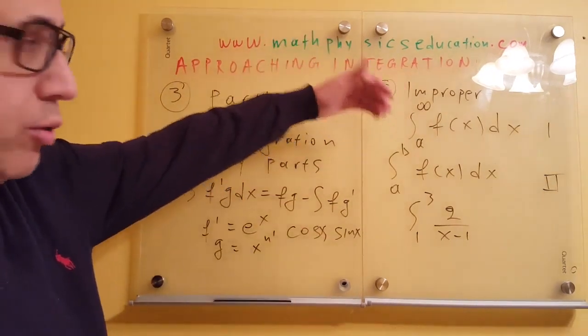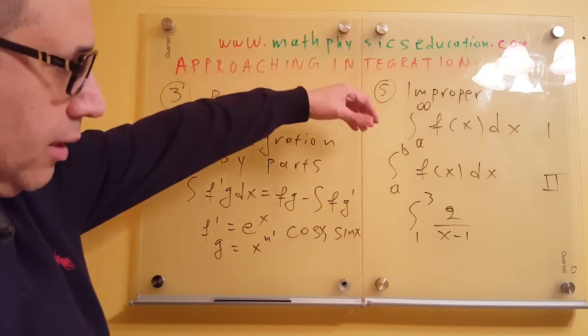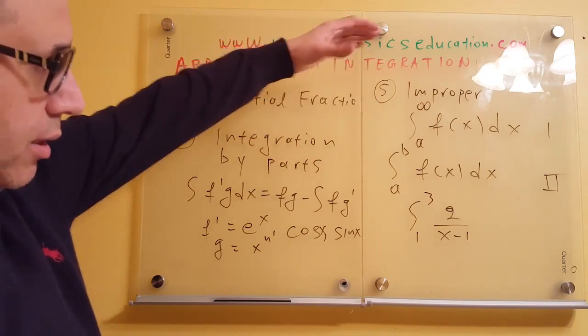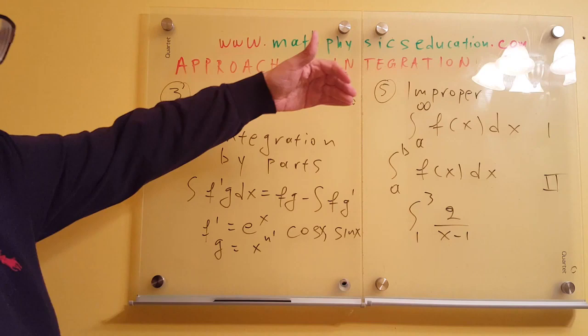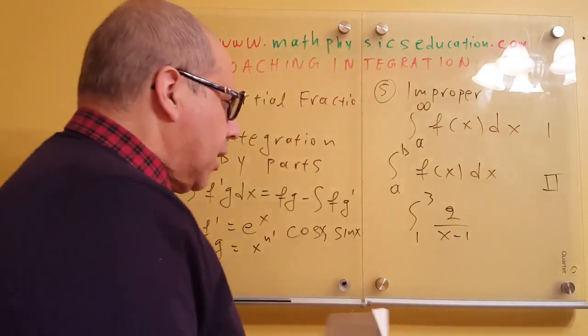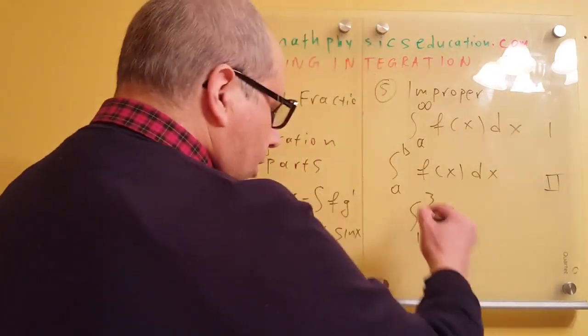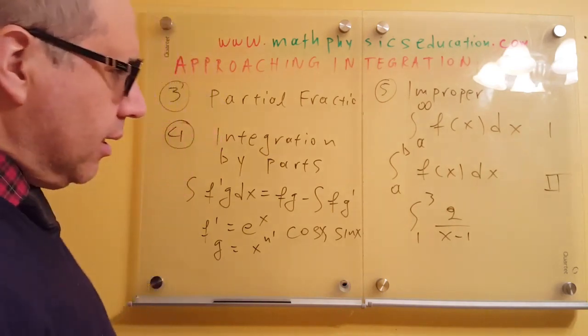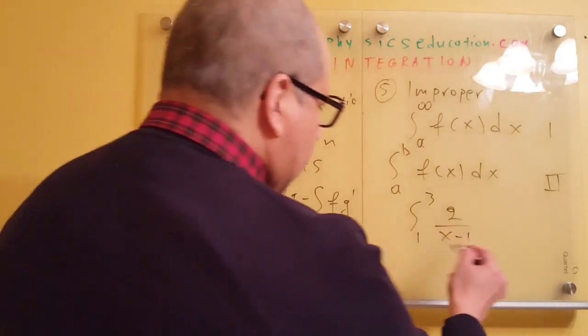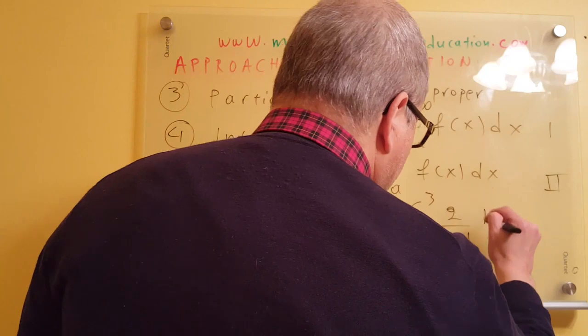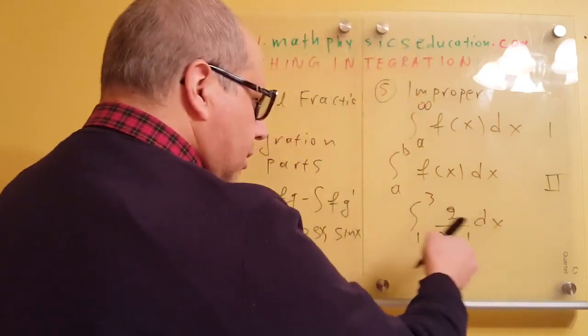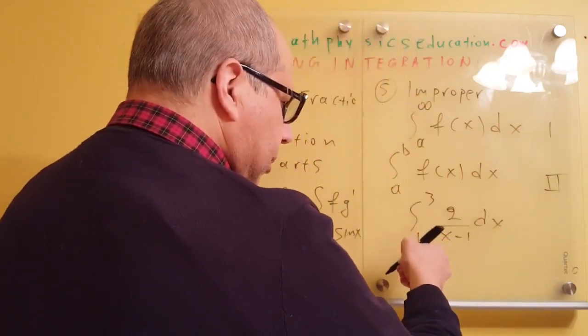Something that I forgot to tell you is that in improper integrals we always deal with definite integrals. So let's say you have to find this integral here. You see that this function is not defined at the lower limit.